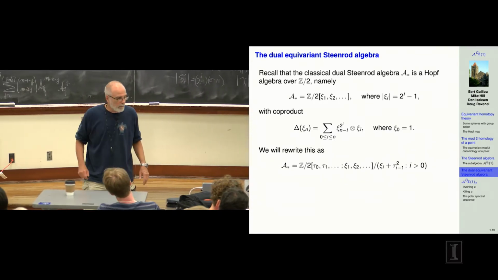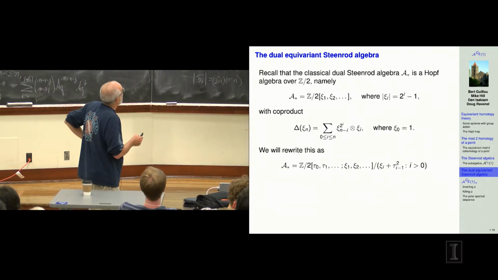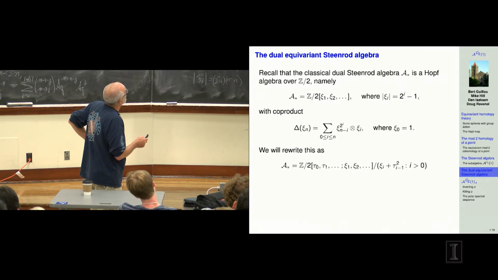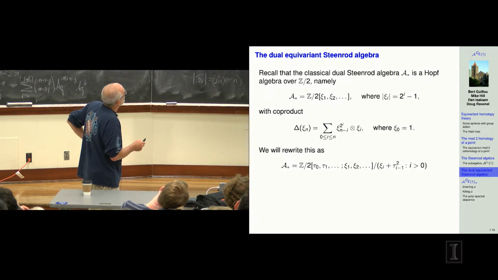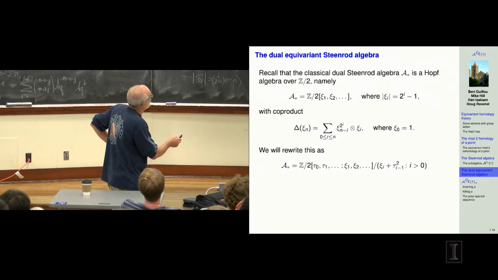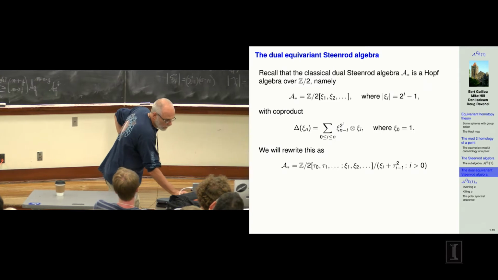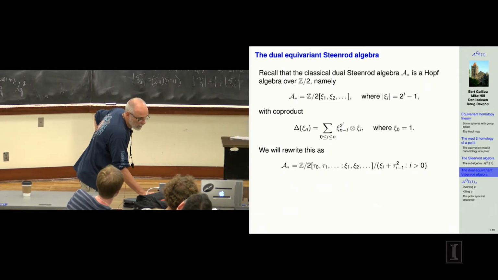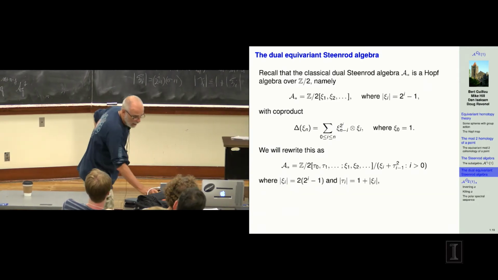I'm going to call the polynomial generators tau. I'm going to replace tau i by tau i minus 1, and I'm going to rename the xi's up. The xi's here stand for the squares of the tau's up here, and each xi is the square of the previous tau. So this is another way of writing the same algebra as before.